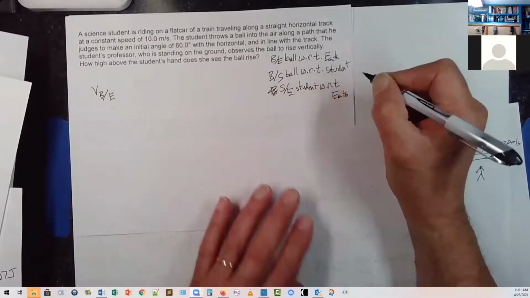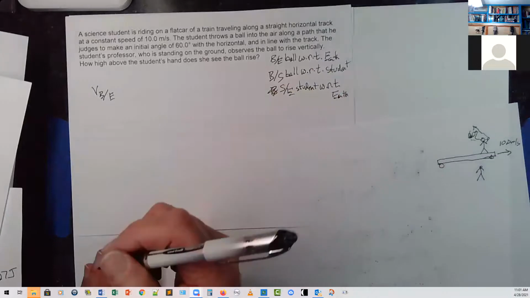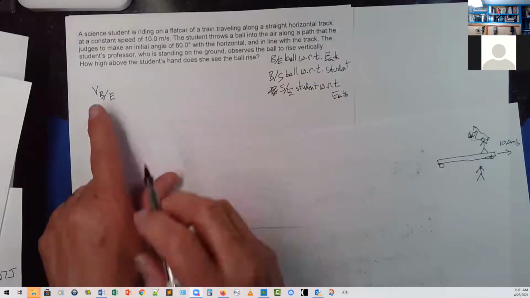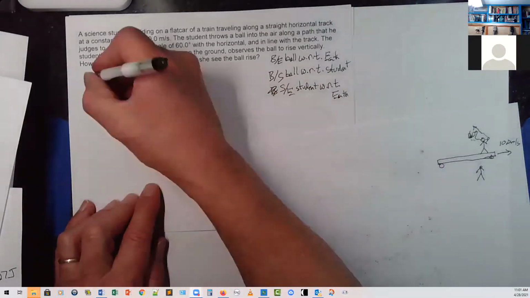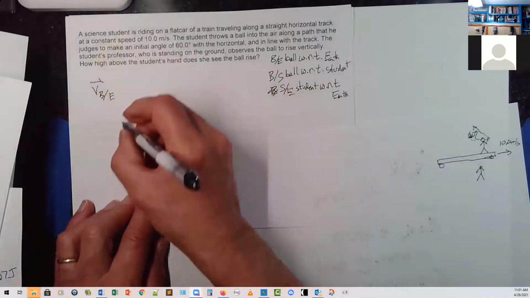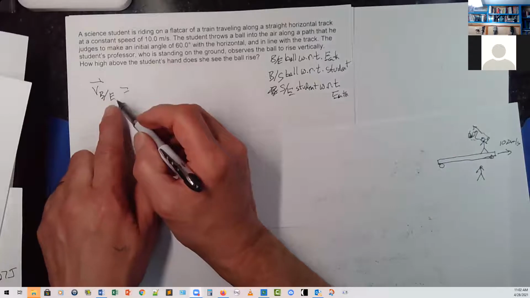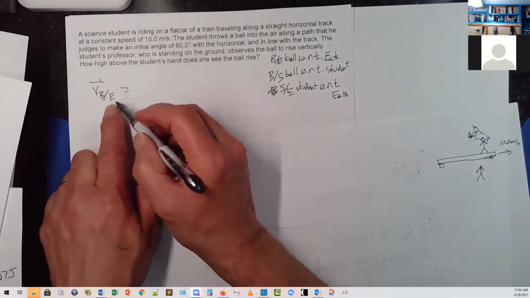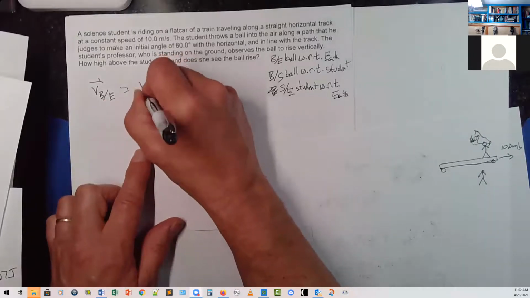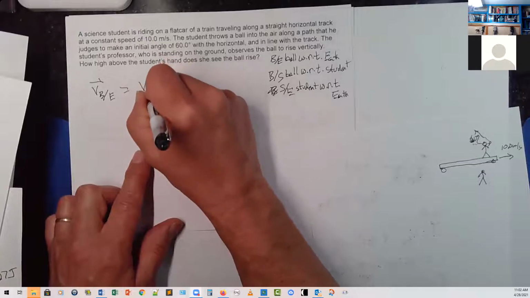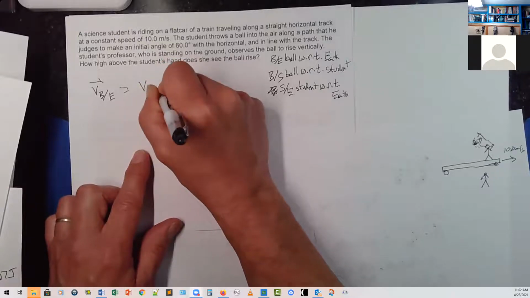So I'll have these three different velocities here, and I'm going to put arrows on top of them this time. This will be the velocity of the ball with respect to our fixed thing. That will equal the velocity of the ball with respect to our moving thing.